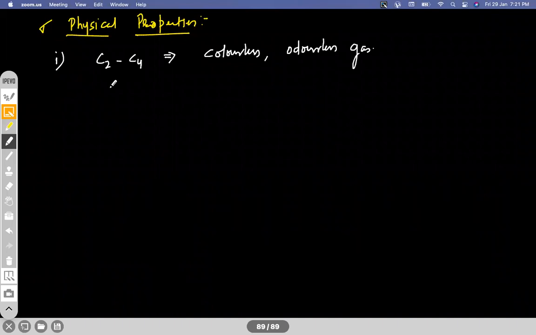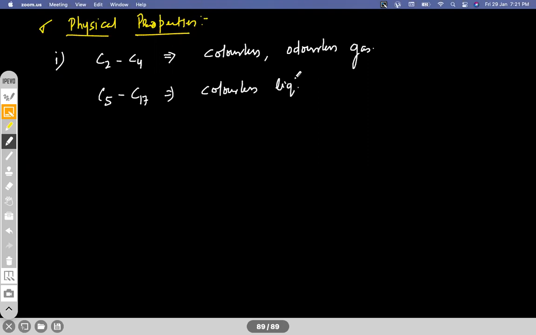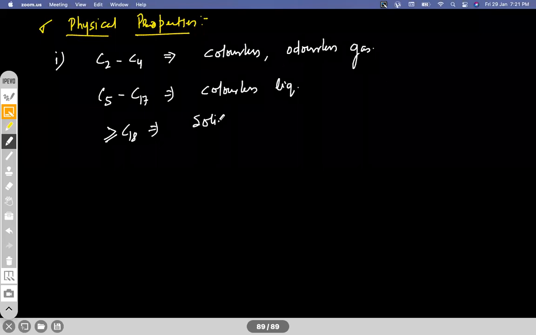C5 to C17, it is liquid. It is colorless liquid. And C18 onwards, these are solids. This is the physical state.